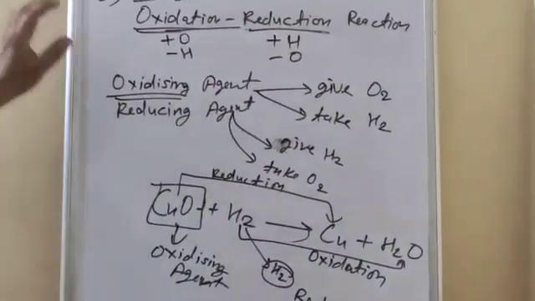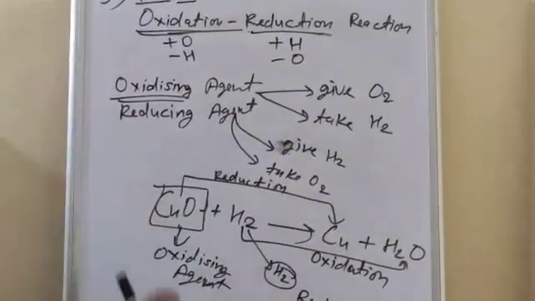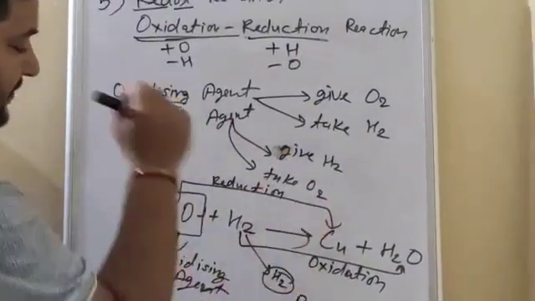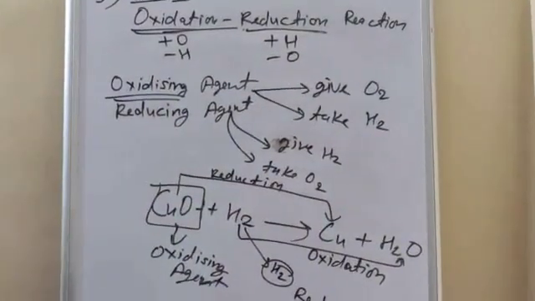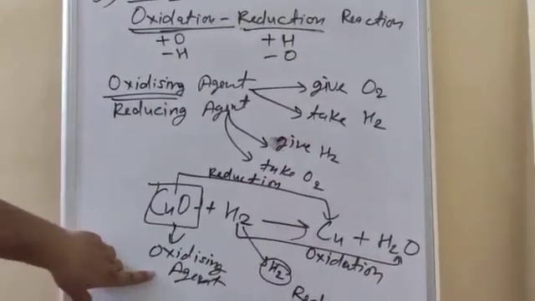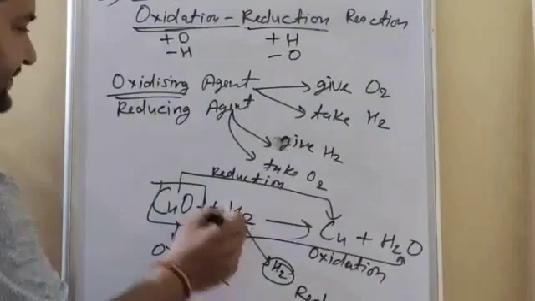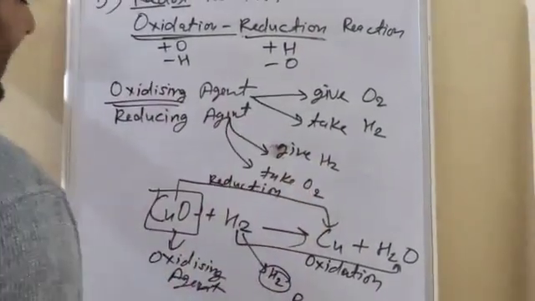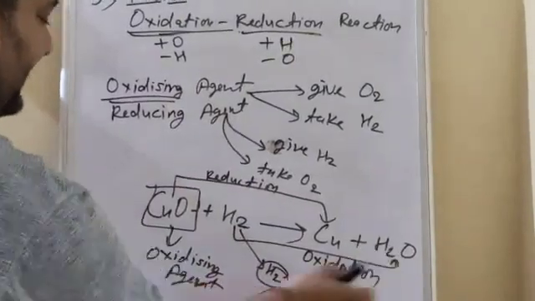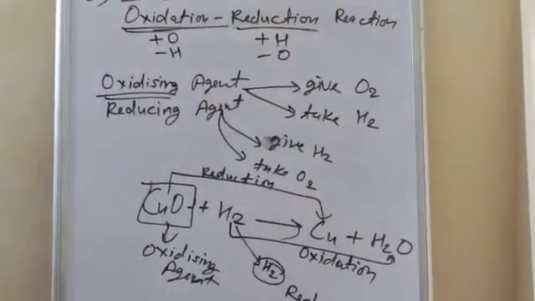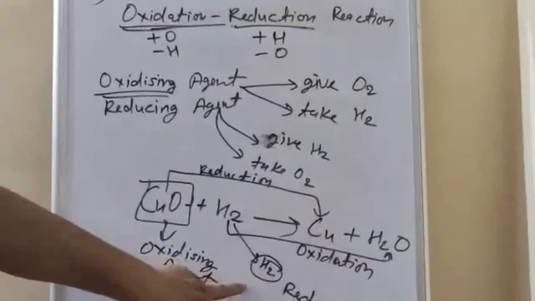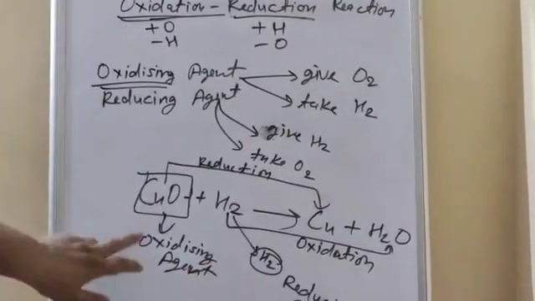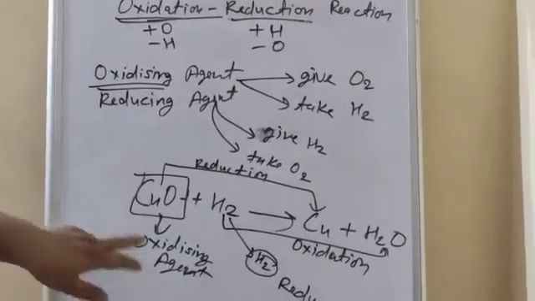An oxidizing agent is a substance which gives oxygen or takes in hydrogen. A substance which gives hydrogen or accepts oxygen is known as a reducing agent. So here hydrogen is the reducing agent, copper oxide is the oxidizing agent.